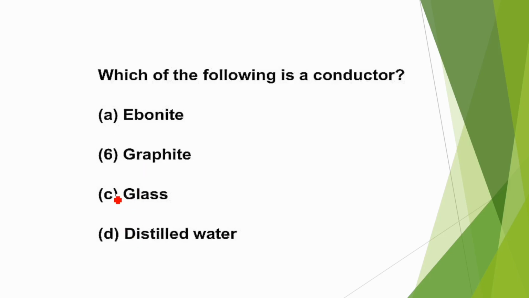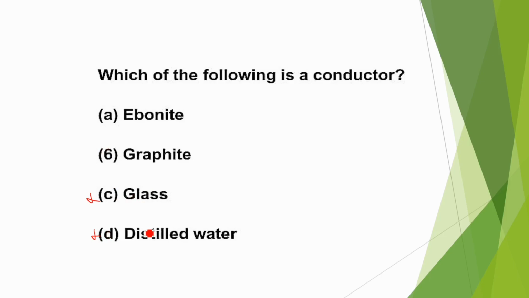We all know what a conductor is, isn't it? A conductor conducts electricity and heat. From options A, B, C, and D, distilled water and glass will not be correct, because we all know they are not good conductors.